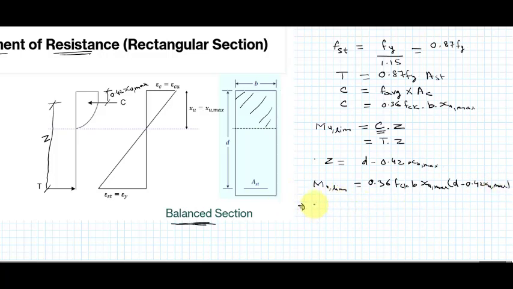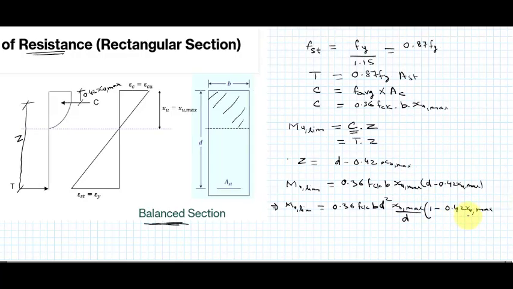Now we'll simplify this. My Mu lim will be 0.36 fck b d square, xu max by d into 1 minus 0.42 xu max by d. So what I have done, I have taken d outside. Now this is the formula for Mu lim.